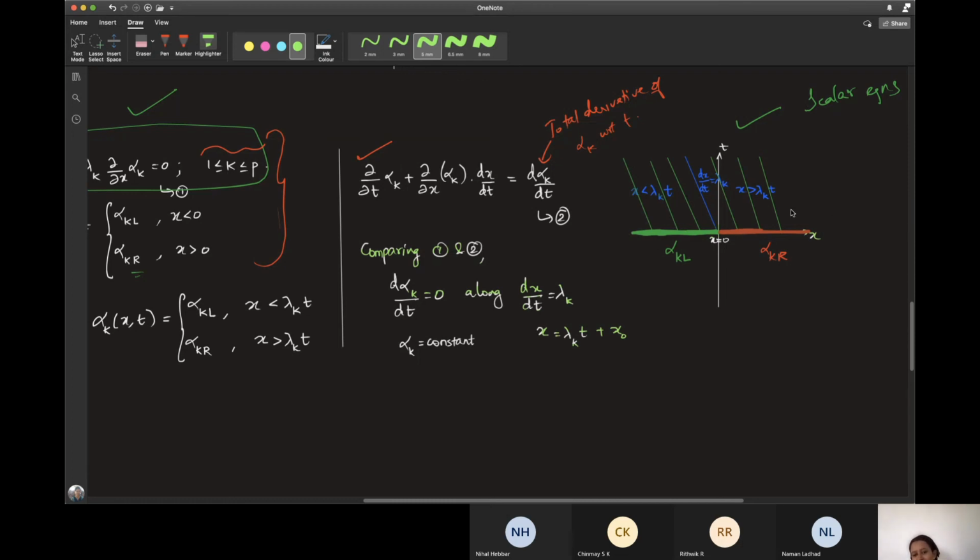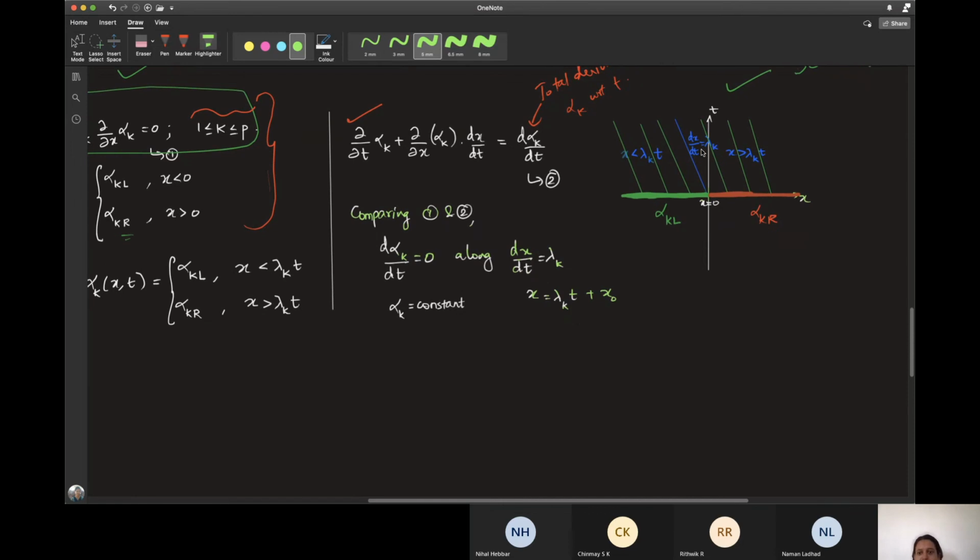This is just a representative picture. This actually is continuous, okay? You have another line x equals lambda k t plus x naught at this location as well. So it's very close and continuous. It's just a representative discrete picture here.